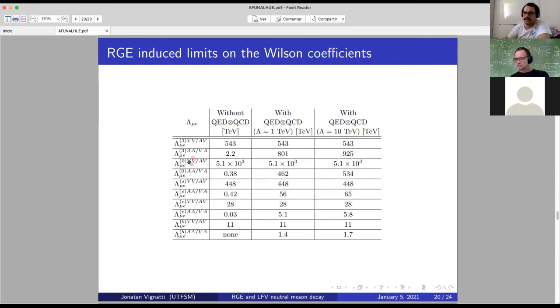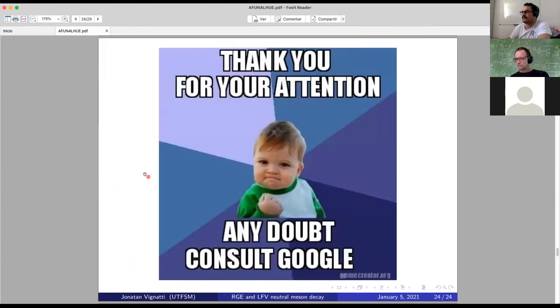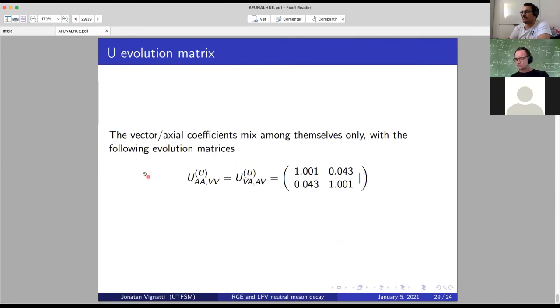We see that this matrix is not diagonal.